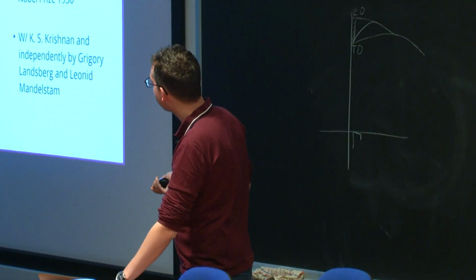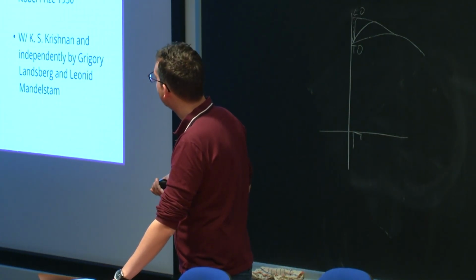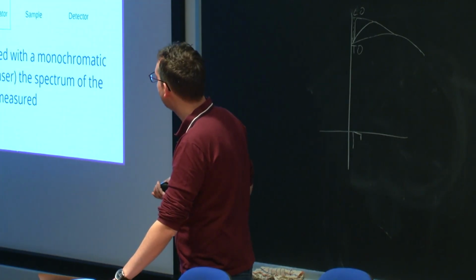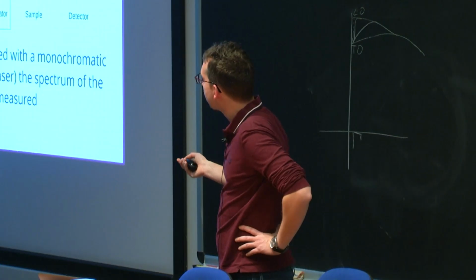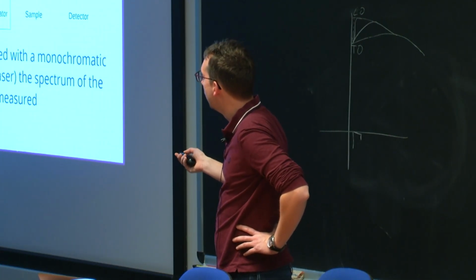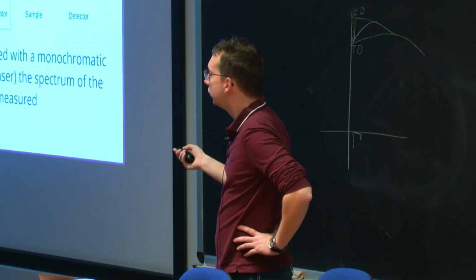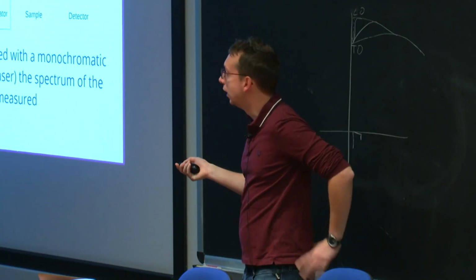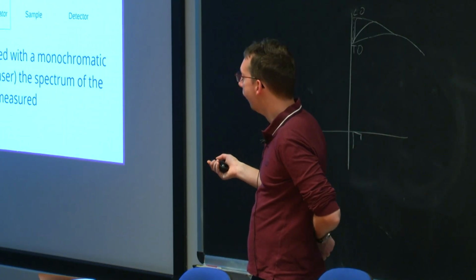Raman is a very recognized physicist, especially in India. There are universities named after him. So what is Raman spectroscopy? You get a light source with a monochromator, which gives you monochromatic light, which nowadays is almost always laser light. You shine it on a sample, and then you detect what comes out.